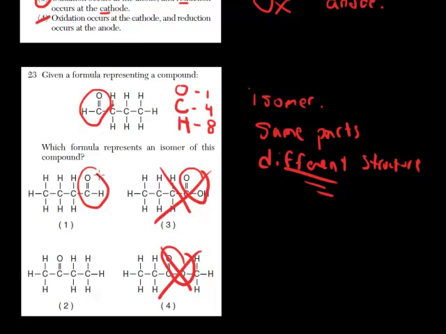If you look in a mirror, everything's on the opposite side. These are mirror images of each other. This one, however, has its double bonded oxygen located not on the end, but instead in a position that's secondary. That makes it a completely different structure, and that's our correct answer. So it is an isomer of the original structure, and the answer is 2.